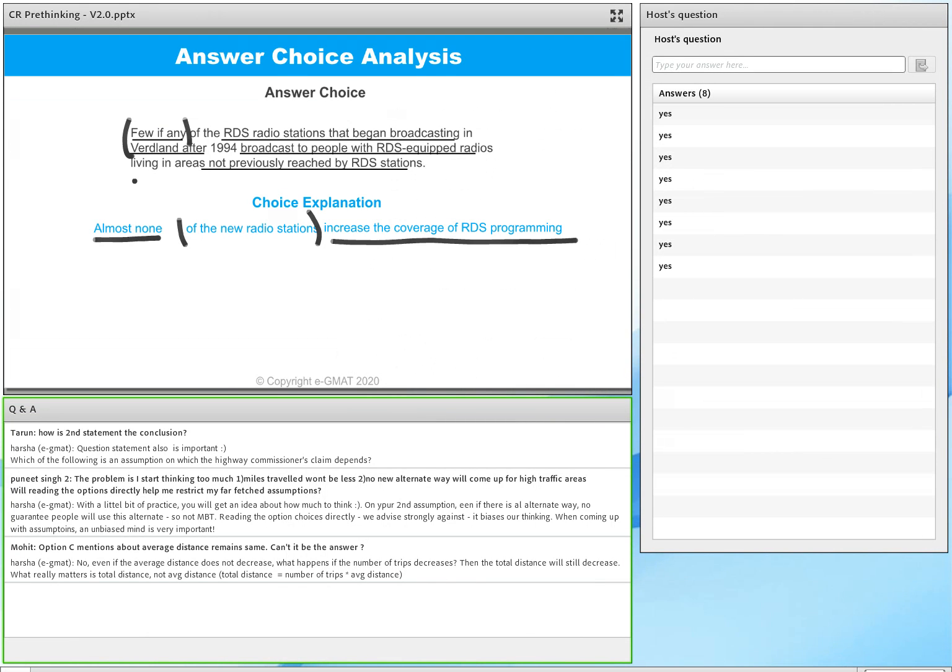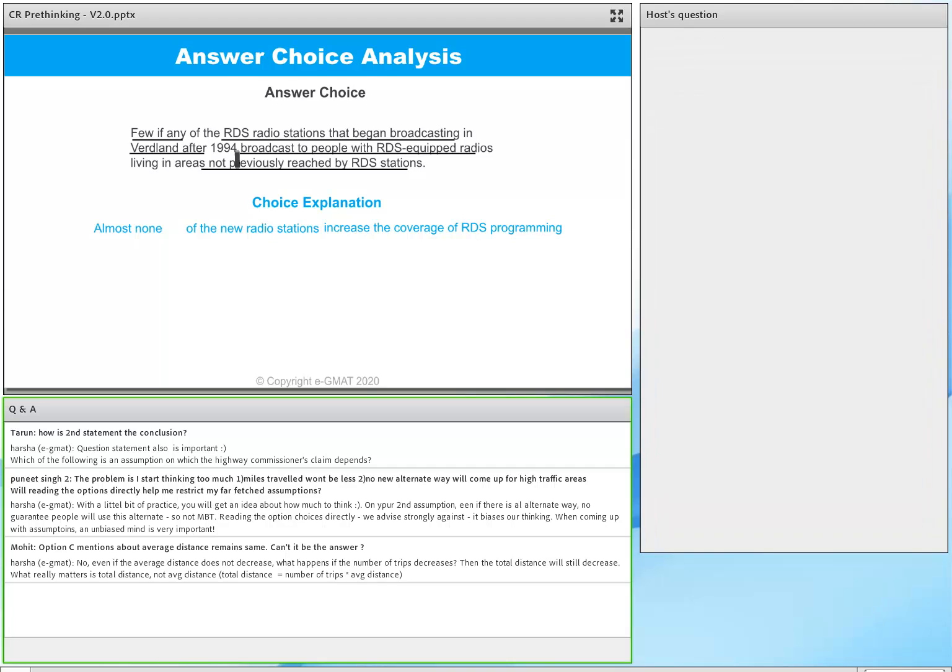Choice A says, few, if any, of the RDS equipped stations that began broadcasting after 94.